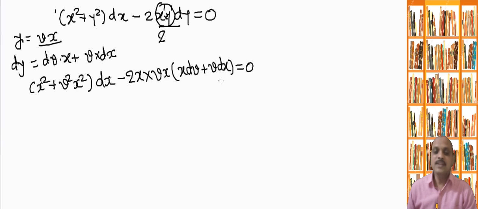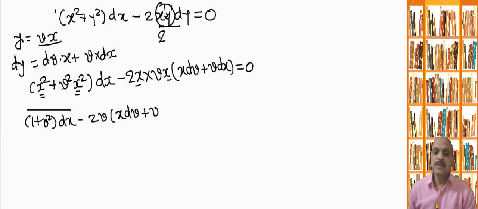Now friend, you can see that all the terms contain x square, so common and cancel. Then this equation becomes (1 plus v square) dx minus 2v into x into (dv plus v dx) equal to 0.